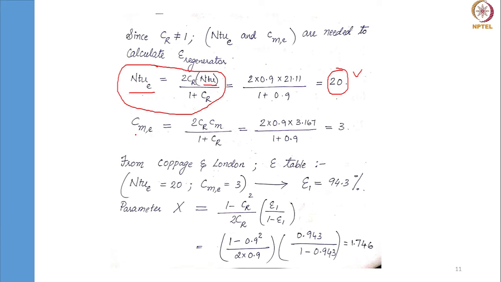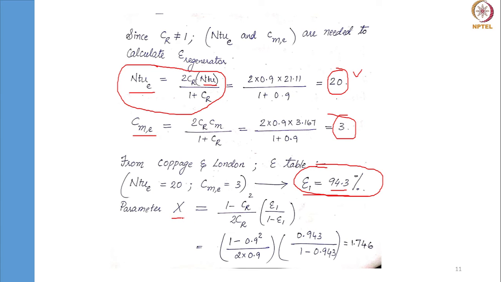Similarly, we find the effective matrix capacity, that is 2 times Cr into Cm by 1 plus Cr, and we get it as 3. From the table given, we find the apparent effectiveness, if I may call it that. This is not the actual effectiveness. That is 94.3 percent or 0.943 as given in the table.